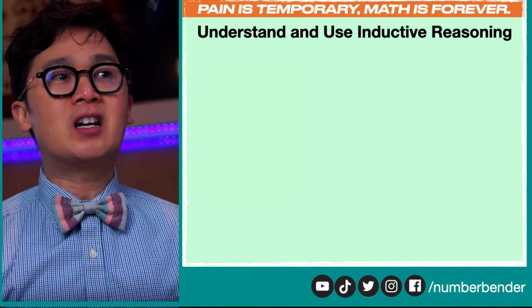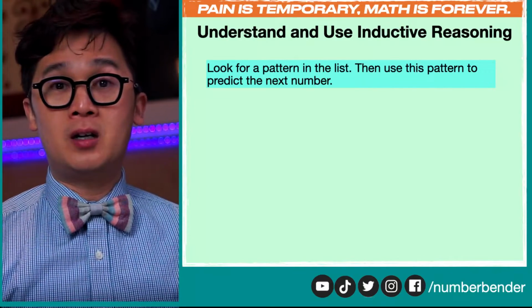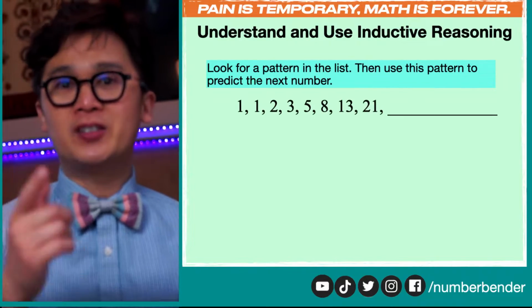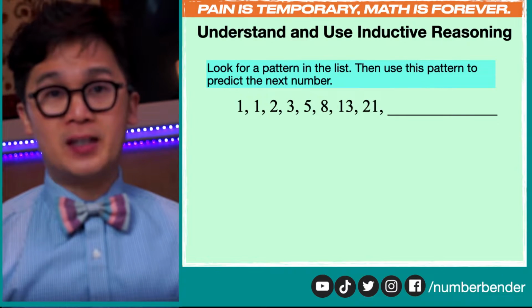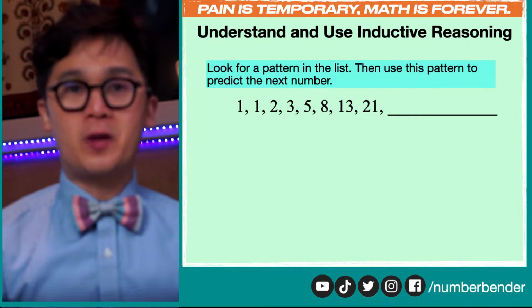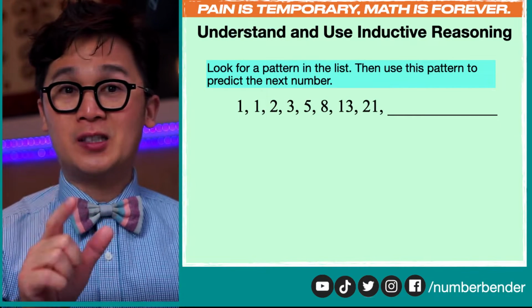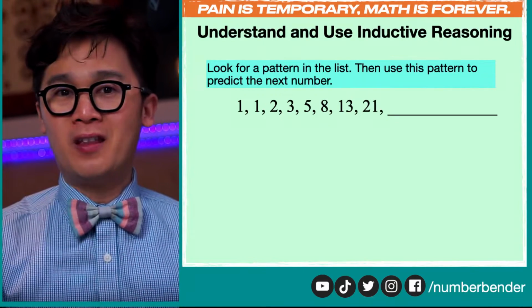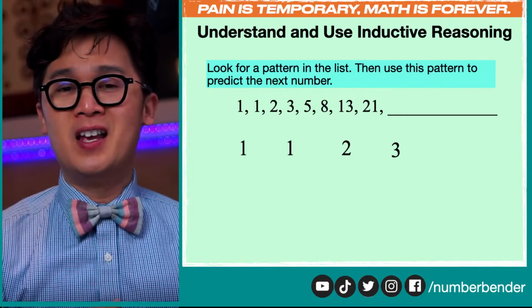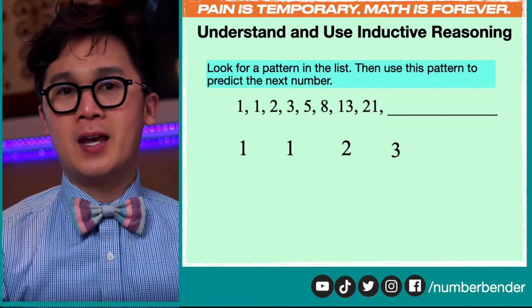So let's take a look at how we use inductive reasoning to predict the next number in this particular pattern. Similar to what we just did in the previous two examples, but this time let's figure out a way to come up with a special pattern to go from 21 to the number that we are looking for. So let's observe it from 1, 1, 2, and 3.